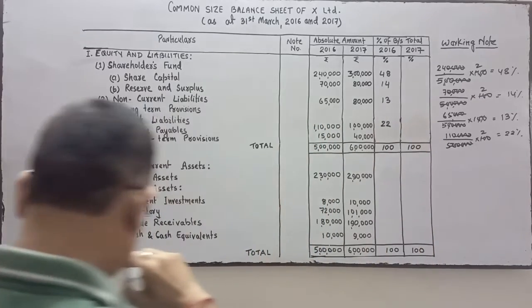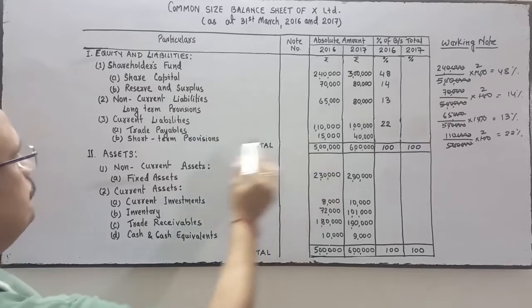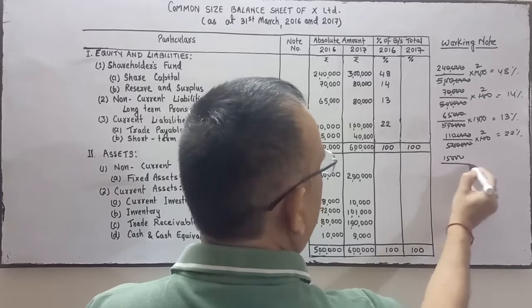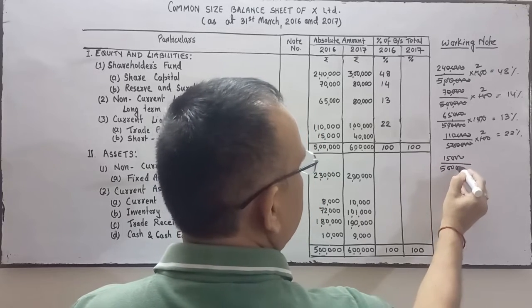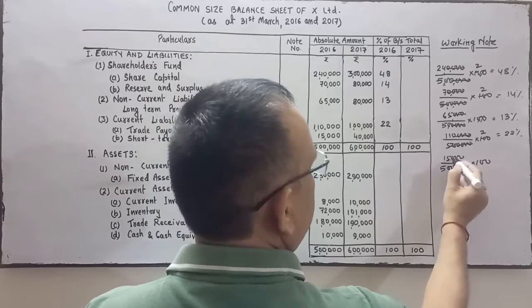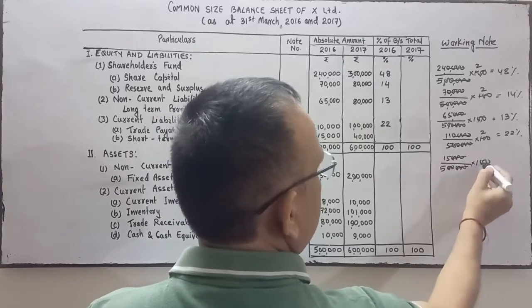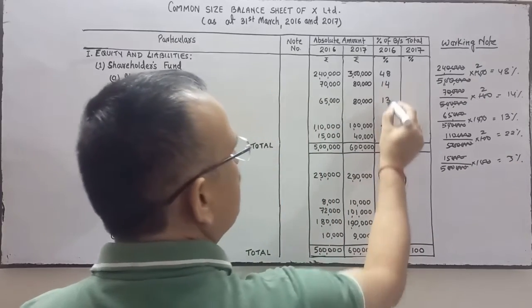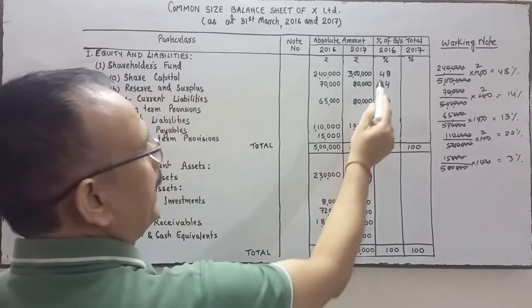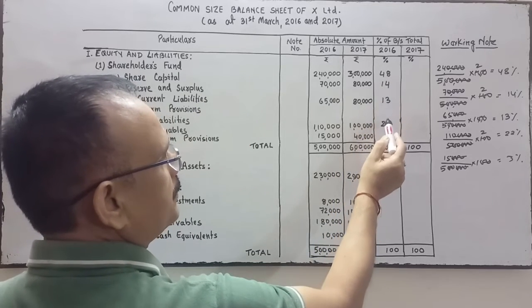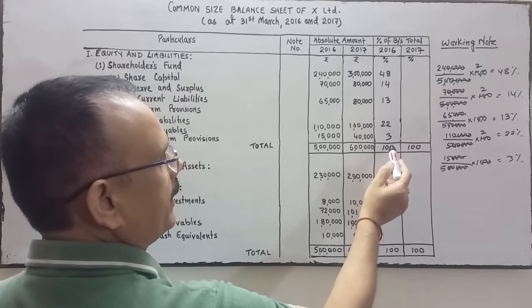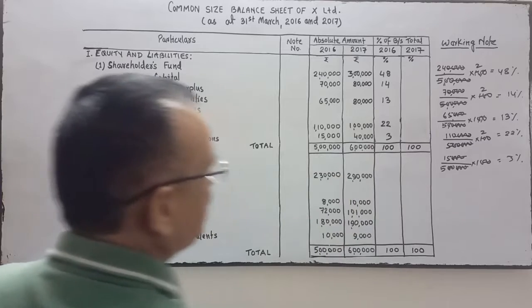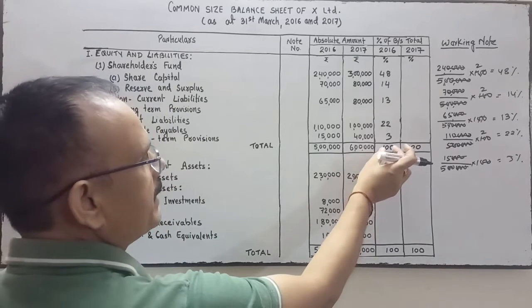Thereafter, short-term provision is 15,000 upon total equity and liability of 5 lakhs, into 100. So it is 3%. When you do the total, this will become 100. It means total equity and liability is 100.